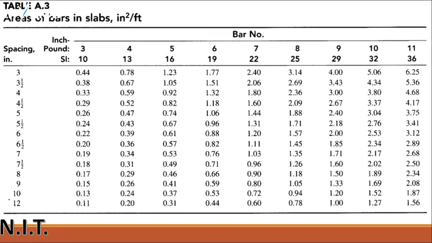Just find the value 0.12 inch square in the table. Where is it? It is at this position. The 0.12 inch square is over here. This is 0.13, this is 0.11. 0.12 is in between these two values. This is 10, this is 12, so the average is 11.